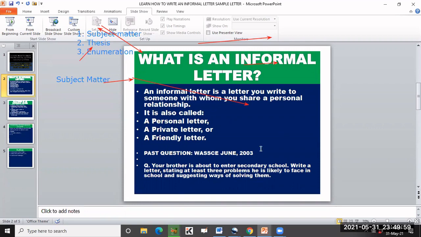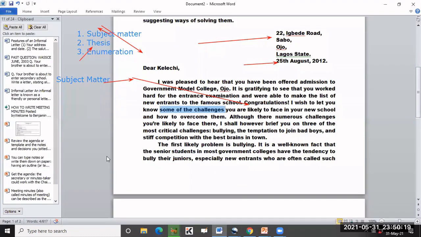So the subject matter is your brother gaining admission into a school and is about to enter the secondary school. That's the subject matter. So when you start addressing this, then you are addressing the subject matter. I hope this is clear.